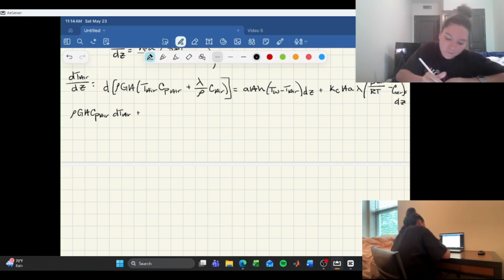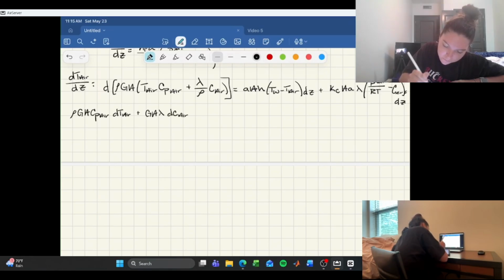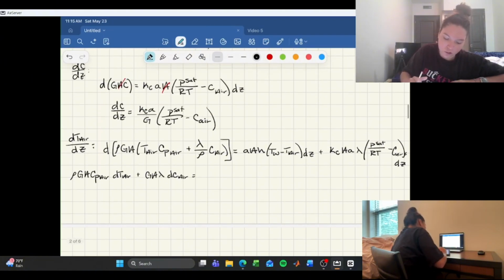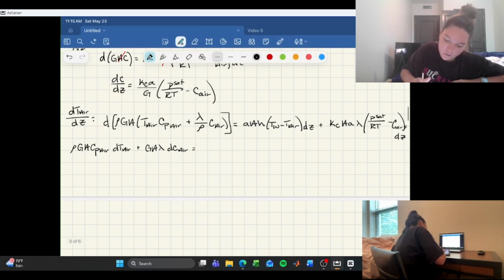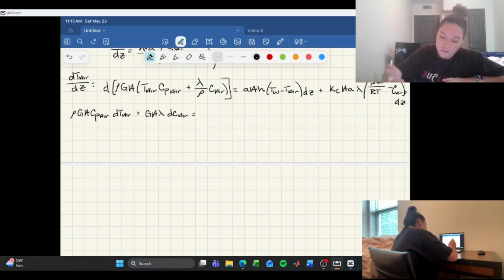So it's going to be the volumetric flow rate of air times the area times the enthalpy of vaporization times the change in concentration of air. And we know that the concentration changes because we just solved for it up here. And then the right side will all stay the same.